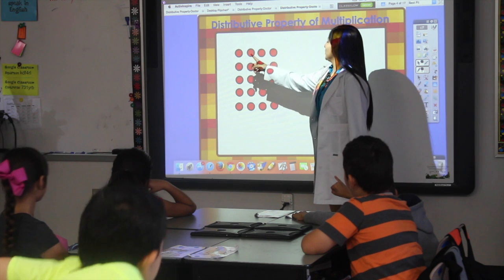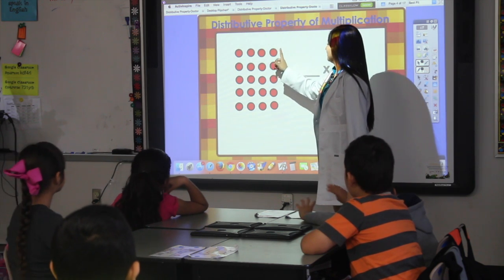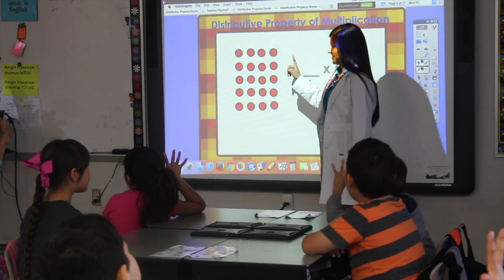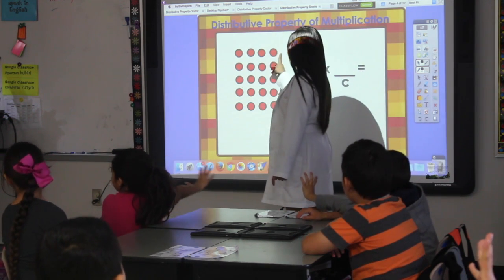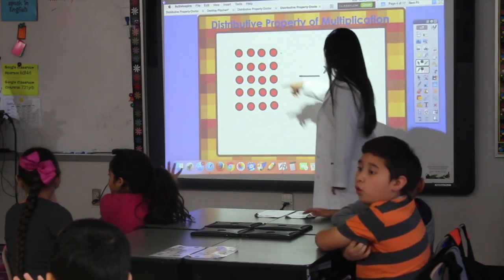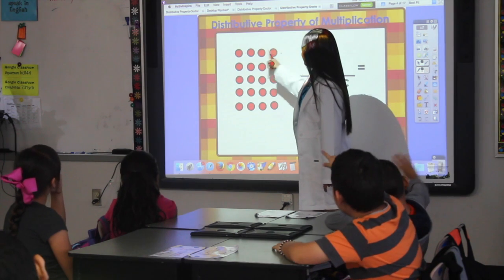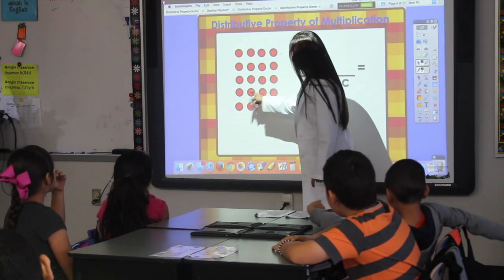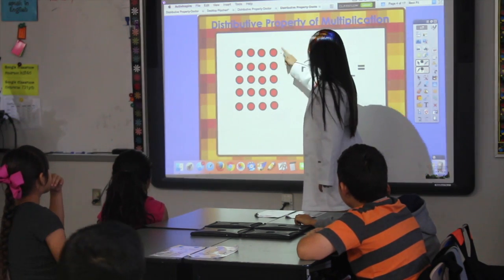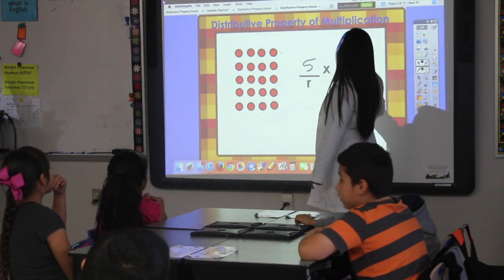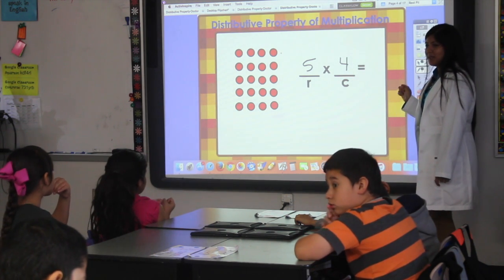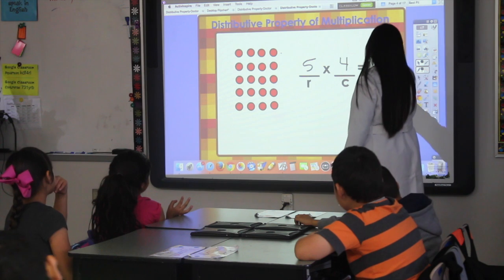So how many rows do we have? 5 or 4? So rows are like this, right? 4 and 5 columns. And columns are like this. So we have 5 rows, 1, 2, 3, 4, 5. And we have 1, 2, 3, 4 columns. And then 5 times 4 would be 20.